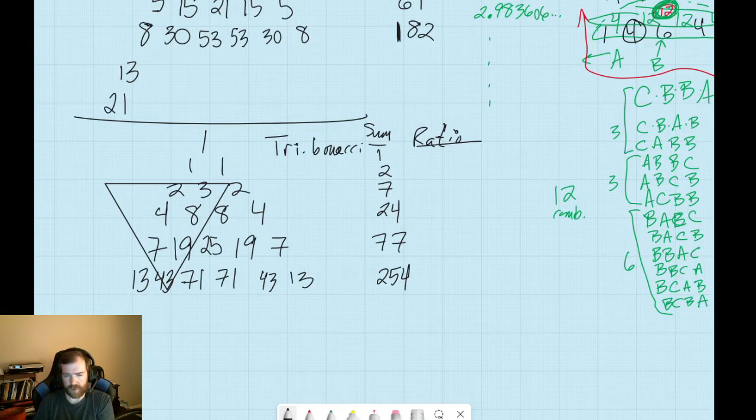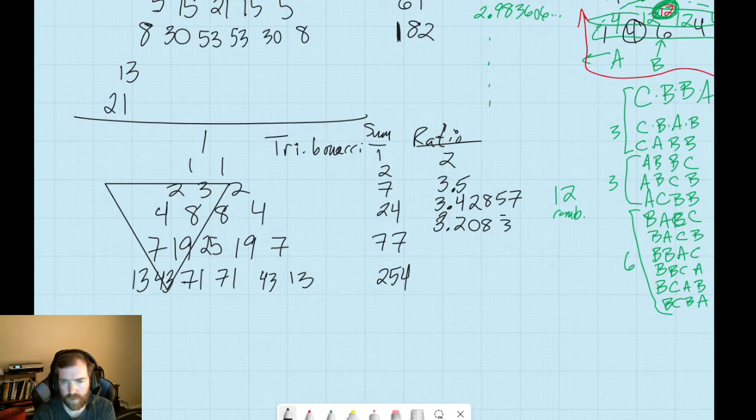So now if we do this, this is going to be 2 to 1 is 2, 7 to 2 is 3.5, 24 to 7 is 3.4285, 77 to 24 is 3.2083 repeated, and 254 to 77 is 3.2987.